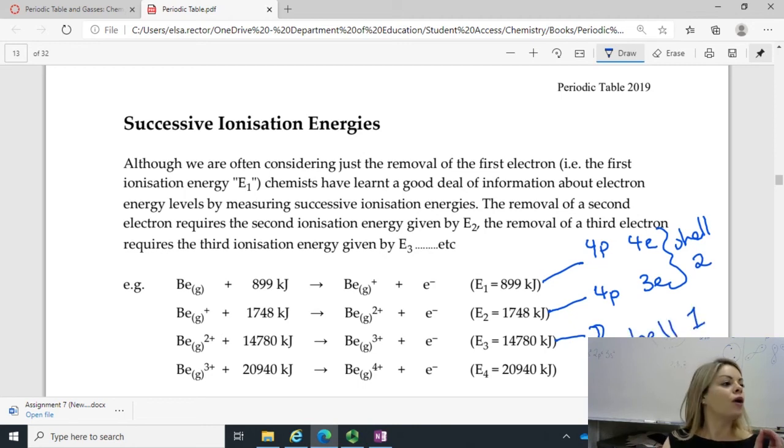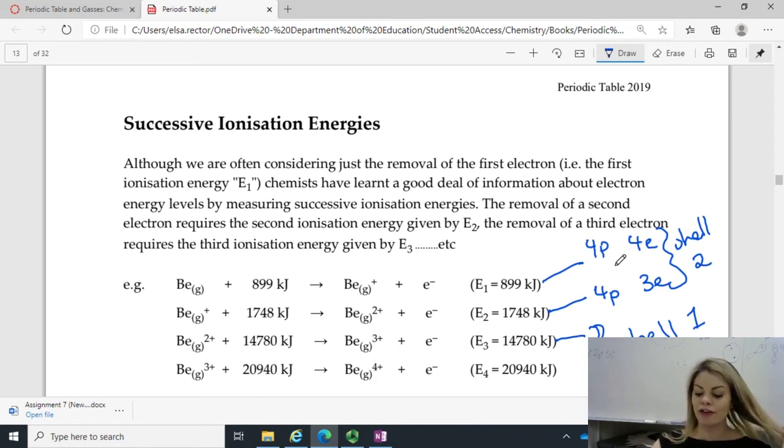Now shell number 1 is much closer to the nucleus than shell number 2. Much greater electrostatic attraction, so much harder to remove an electron. Make sense? Okay? And much harder to remove the very last electron, because at that stage we've got 4 protons pulling in just 1 electron. So it's really holding that electron. Does that make sense? Cool.